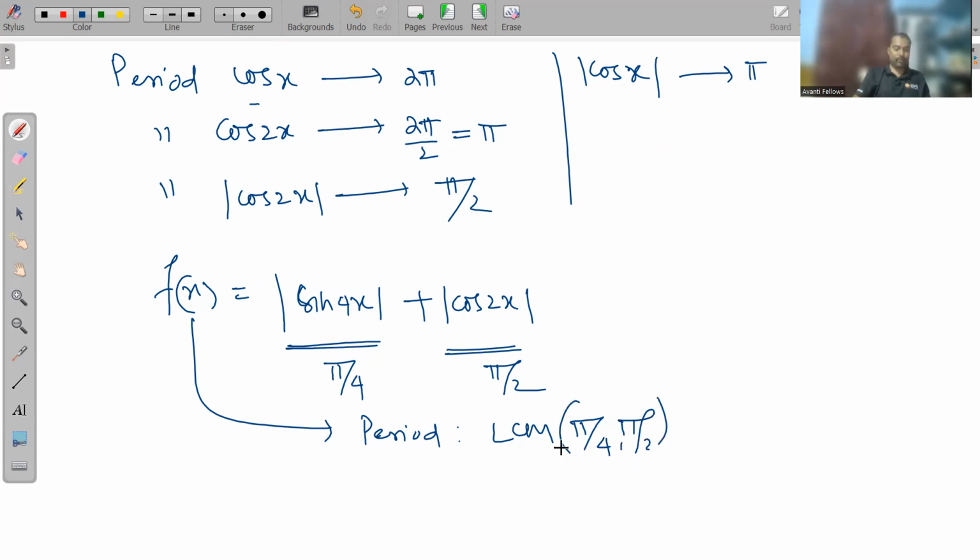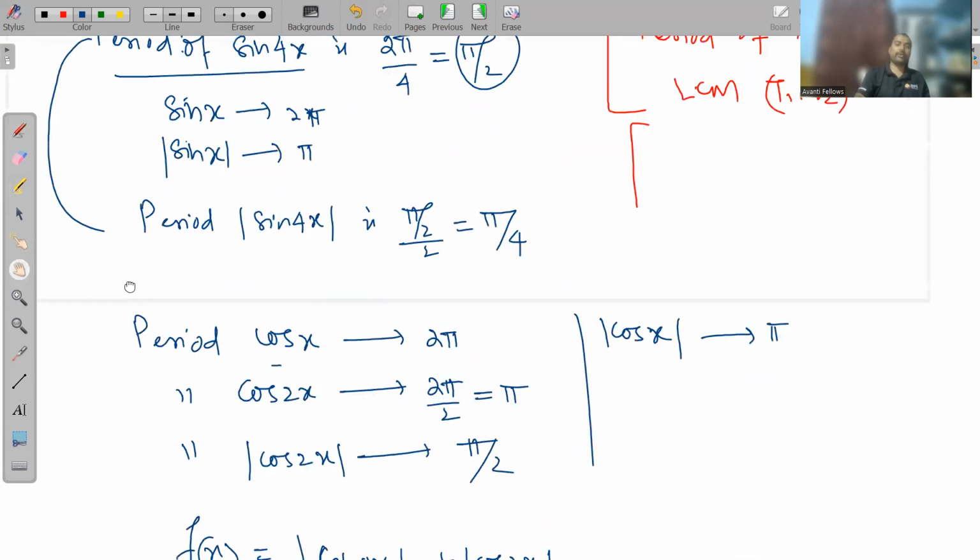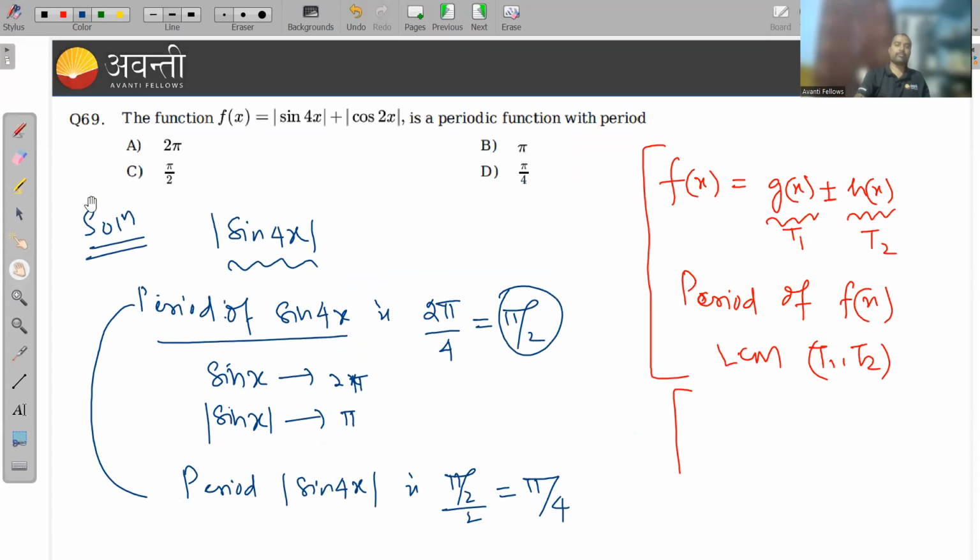So what will be the period? That is pi by 2. So the answer is pi by 2. The correct answer is pi by 2. Option C is correct, right? Option C is correct.